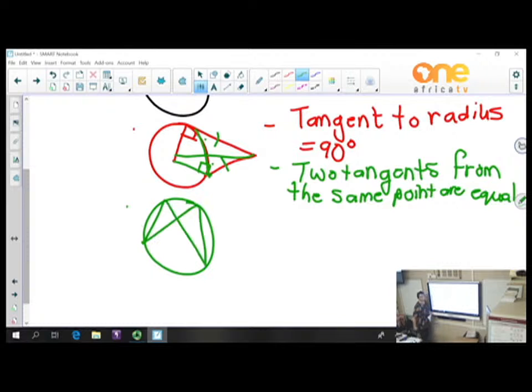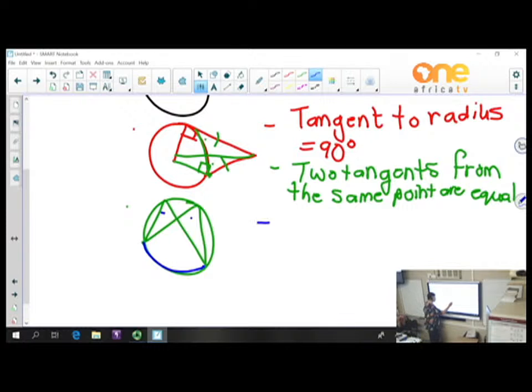Okay? Now, this is where the problem comes in. This one reads: two angles on the circumference subtended by the same arc. This is what I mean with that sentence. Subtended means it's underneath.